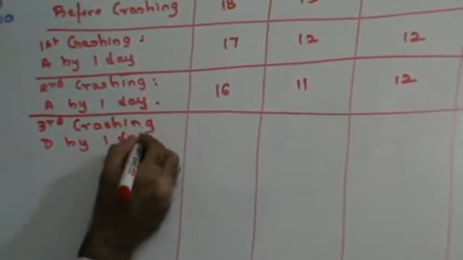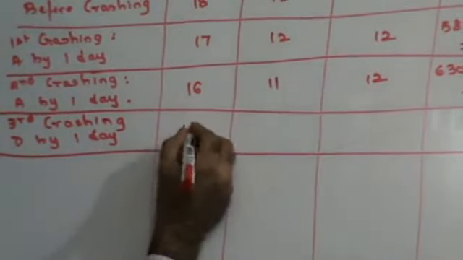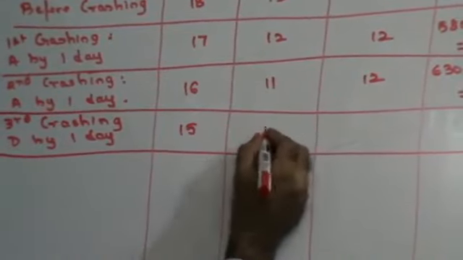So you will have third crashing, D by 1 day. You have to crash 1 day at a time, right? If I'm going to crash D, instead of 16, this will become 15 days, right? This will remain as 11 only because there's no D involved in this.